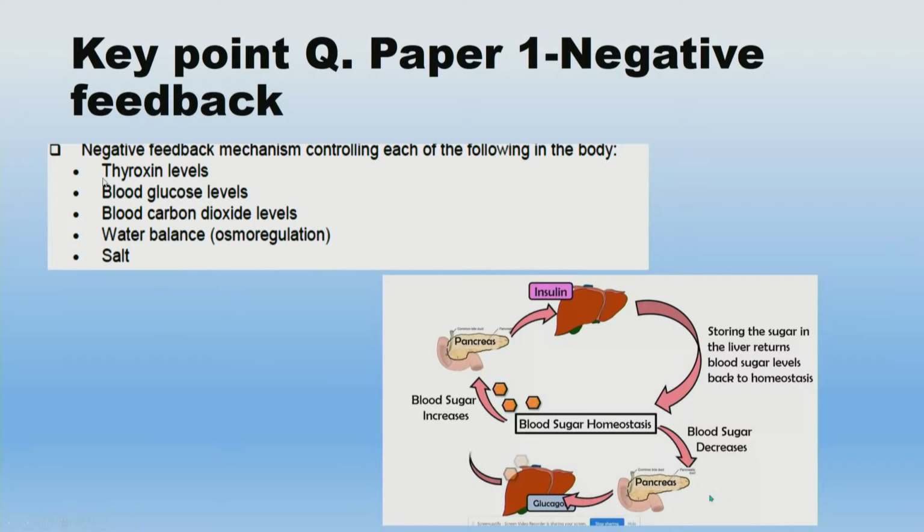So please, learners, just make sure that you revise these negative feedback mechanisms. You did the blood glucose one in grade 11. And then we have the diagram which shows the negative feedback mechanism of blood glucose level here.